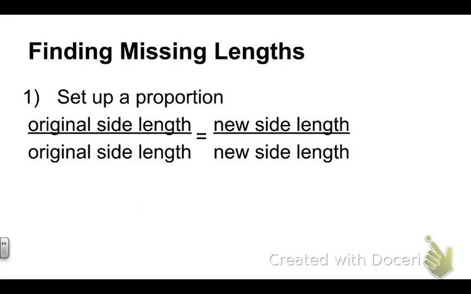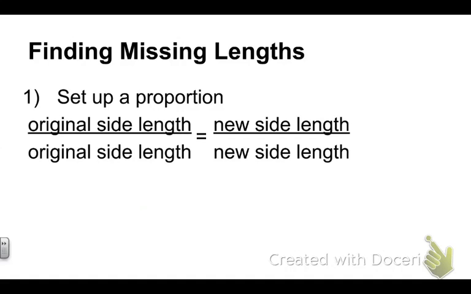Now, just a side note, there are lots of different ways that you could set up this proportion. This is probably the best known way. But you could put original over new is equal to original over new. It's fine. You just need to make sure that everything matches up. Like I said, we are going to spend more time in class doing that.